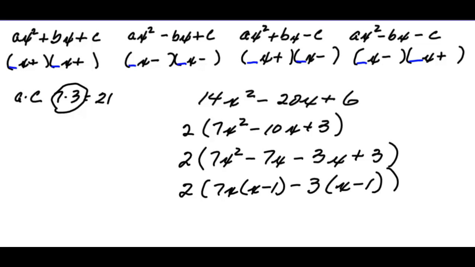And now I put that whole thing in parentheses, so I have 2 times x minus 1 times 7x minus 3. So what they're trying to teach you here is make sure you look for a common factor that you can pull out before you start doing the factoring.